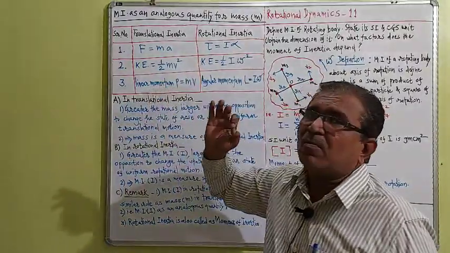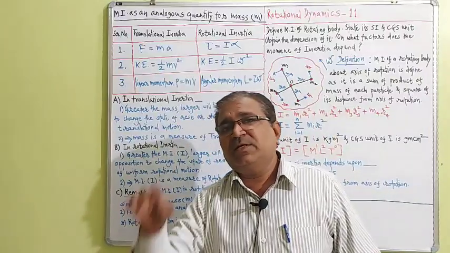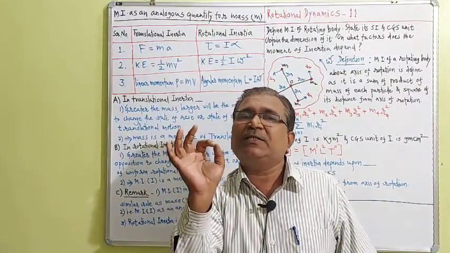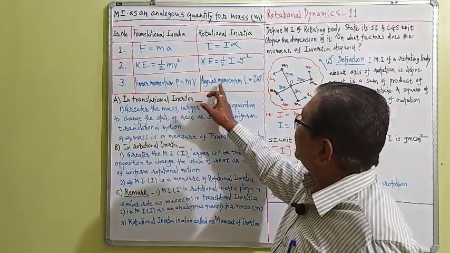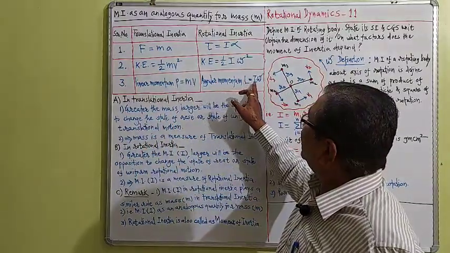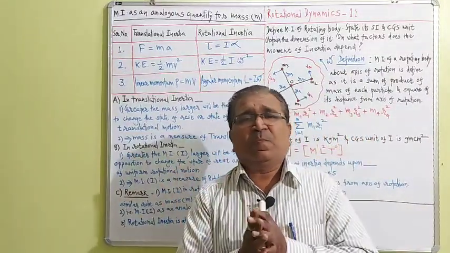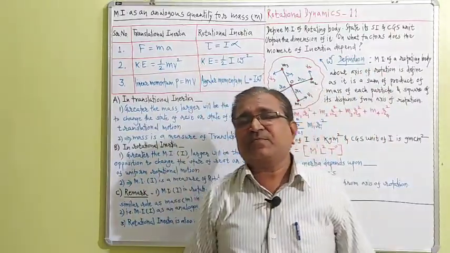Linear momentum is a product of mass and velocity. Linear momentum, I have quoted it by P is equal to mv. Here, angular momentum capital L is equal to I omega. Observe that table carefully.